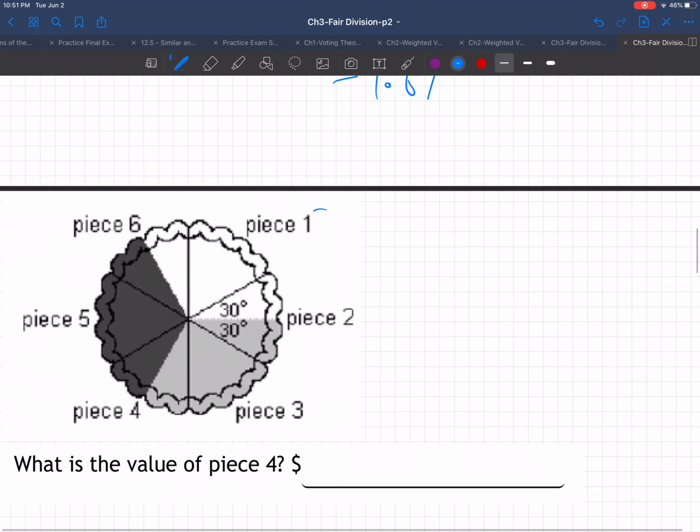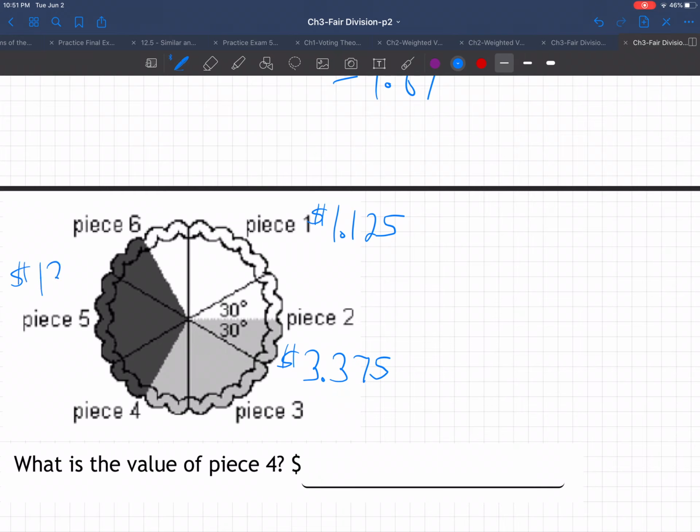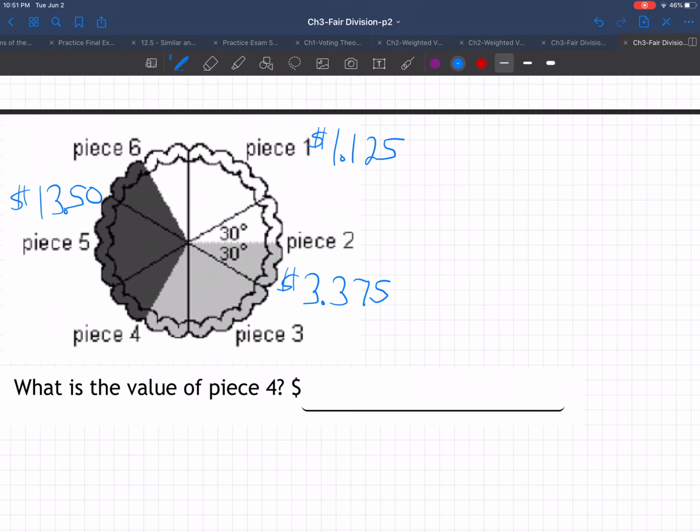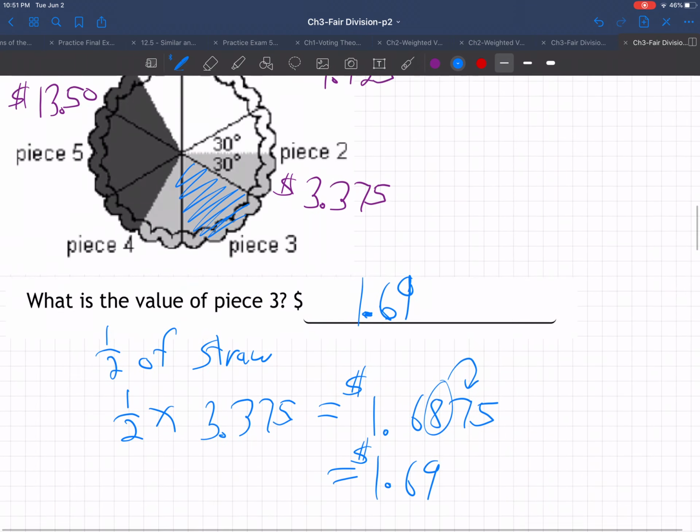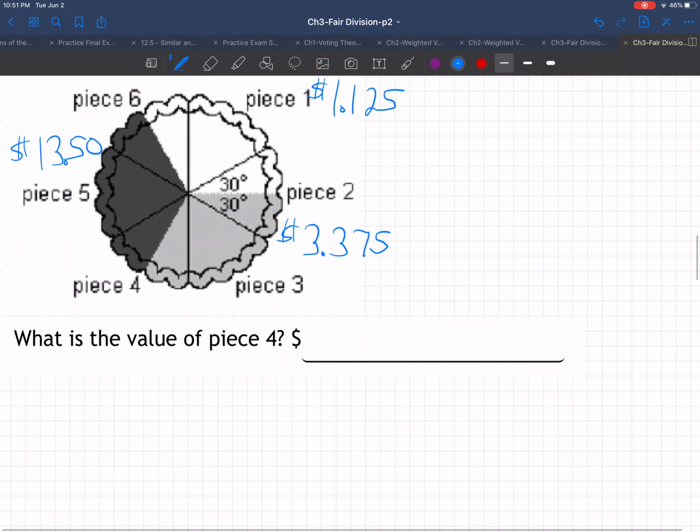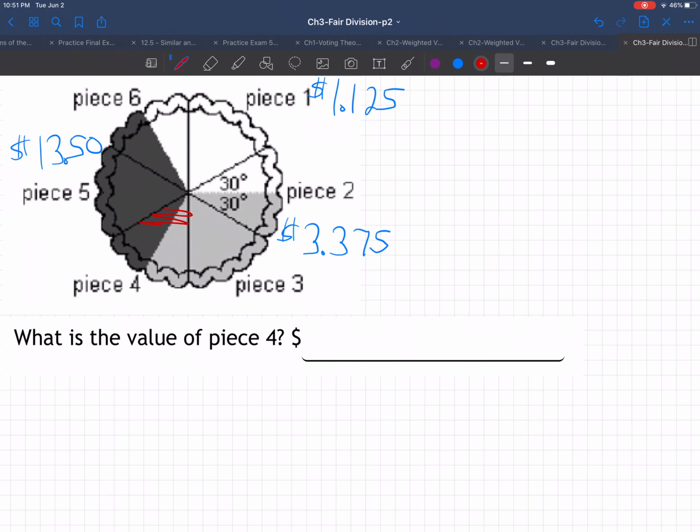Piece 4. So let's put in the values again. Okay, so piece 4, notice, got these right, don't I? Piece 4 right here is, if we put in the lines, we can see it most easily.